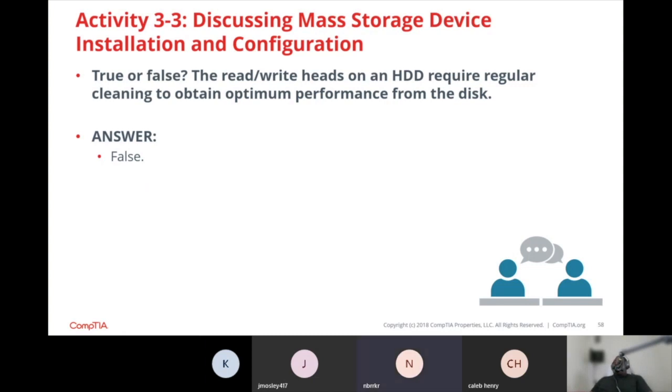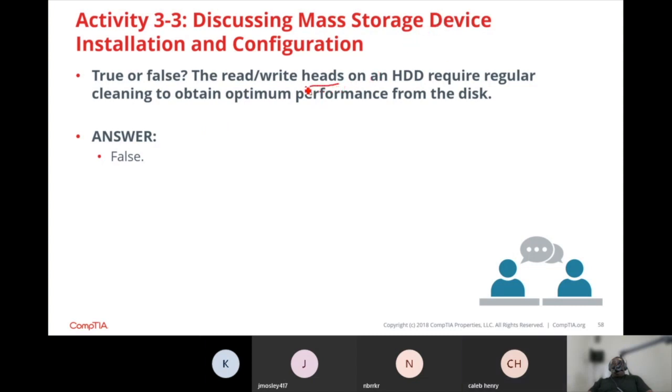Now, the trick that we used to use when a hard drive didn't read, we would put it in the freezer. Why would we put it in the freezer? We would put it in the freezer because it would shrink the read-write heads.